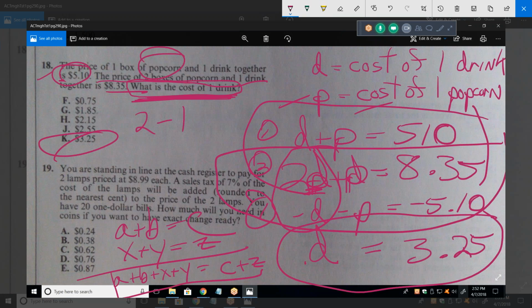That is legitimate mathematics. I can also subtract them: a minus x plus b minus y equals c minus z. So I can add or subtract. What I cannot do is multiply, take square roots, or square both. The only thing I can do is add or subtract any 2 equations.